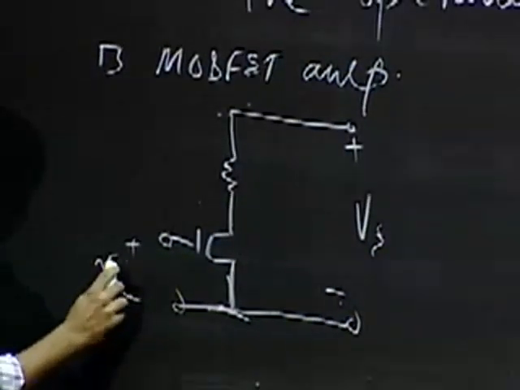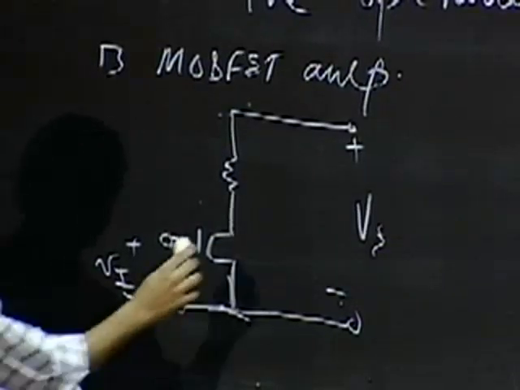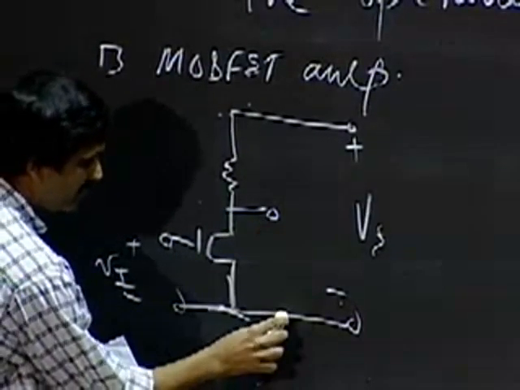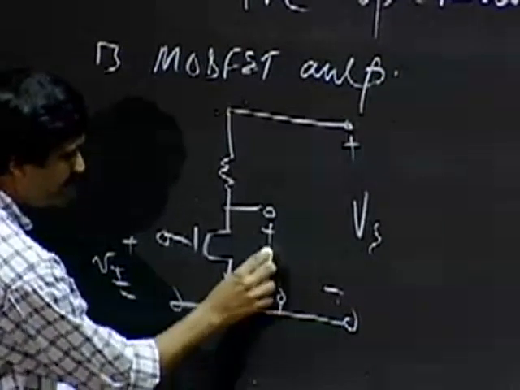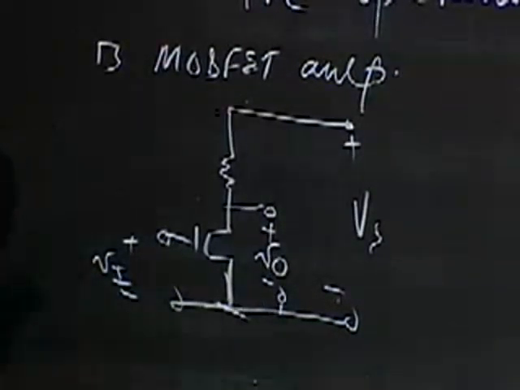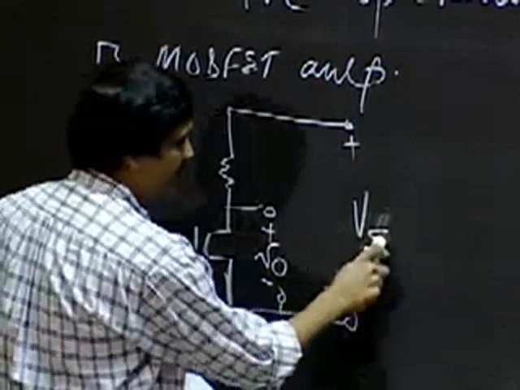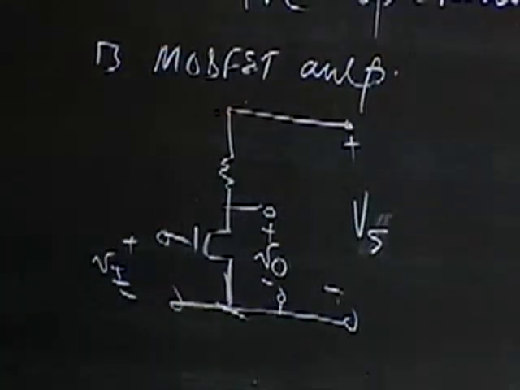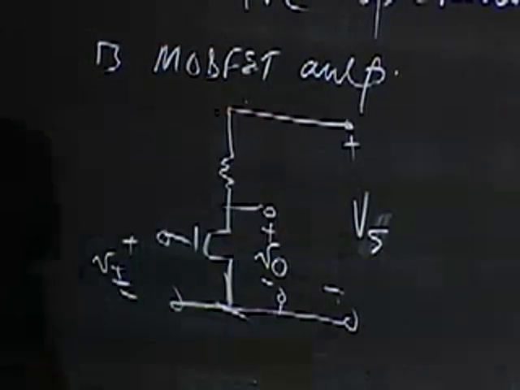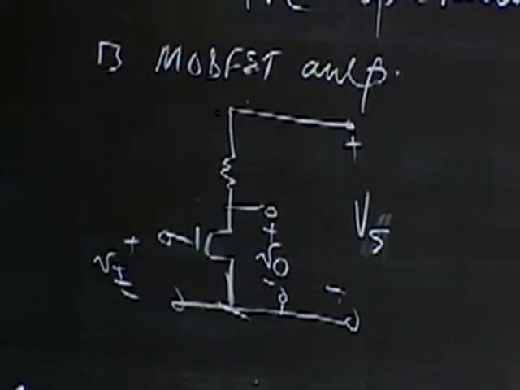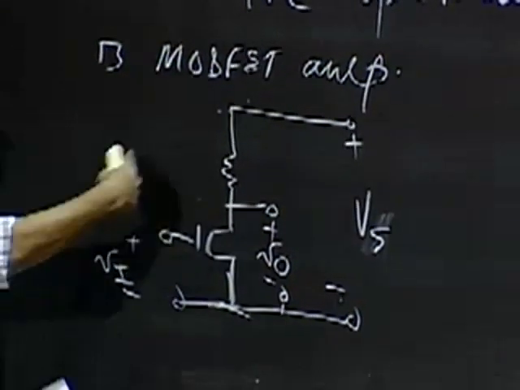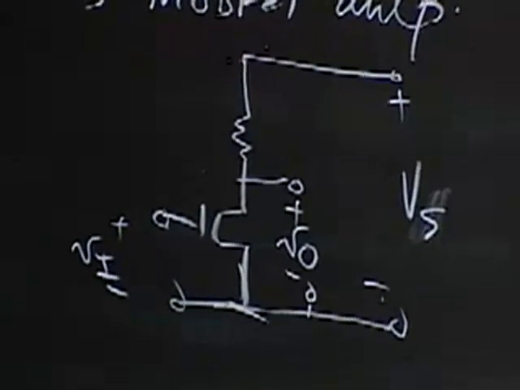There was a VI input, a VO output, and as I said, a VS supply. So this was a MOSFET circuit that you've seen before. And in this, one way of viewing this is that this circuit has three major ports.